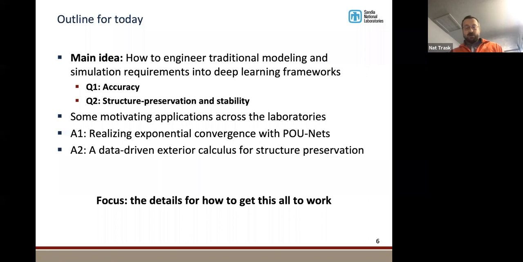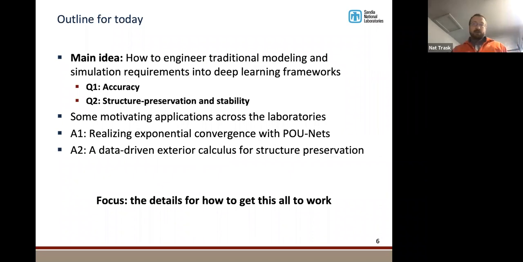And so for high consequence decision making, the kind of things that the National Lab tends to care about, you want to see that if you do some sort of grid refinement, as you refine your mesh, you'll converge to a well understood solution. And so what we'd like is the sort of analog for a neural network: as you go to something wider or deeper, it should also converge in a certain sense.